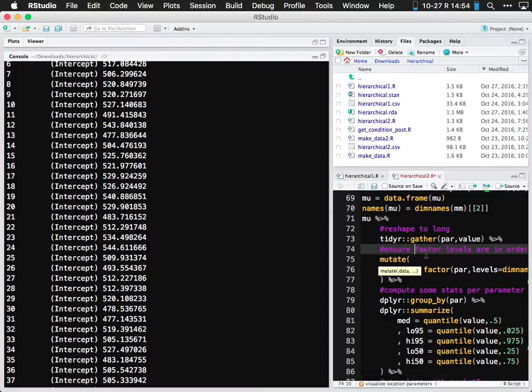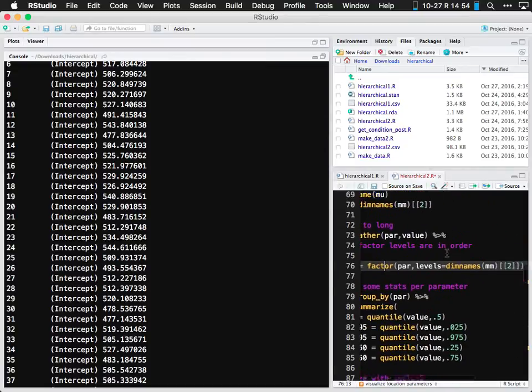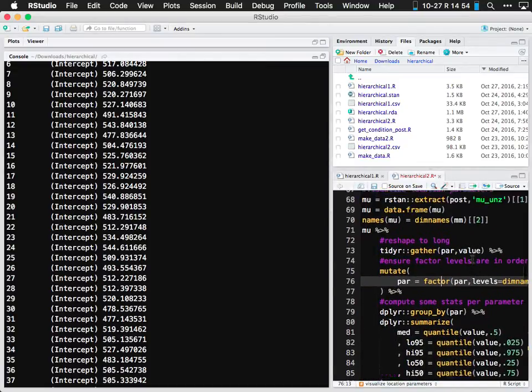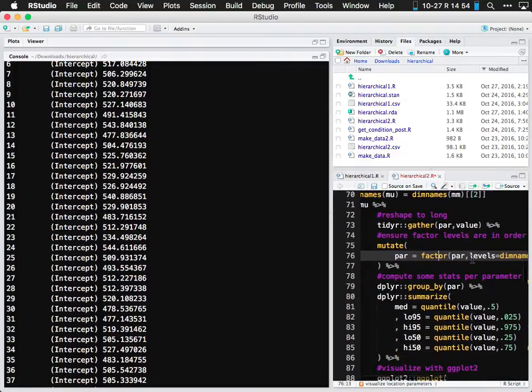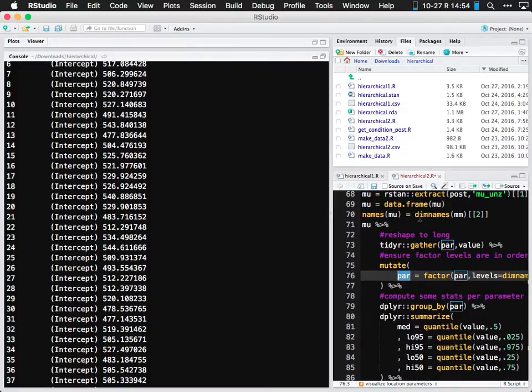Once we've reshaped to long, is this even necessary? Sure, factor levels are in order. This little bit just makes sure that the order of the par column is going to be those same names: intercept, then main effect of prepost, then main effect of food, then the interaction.